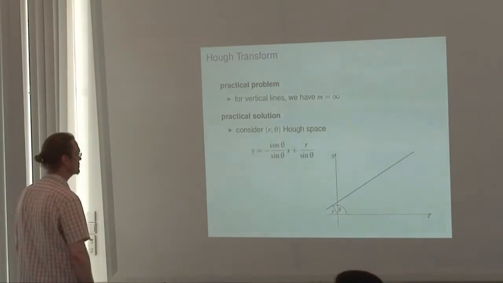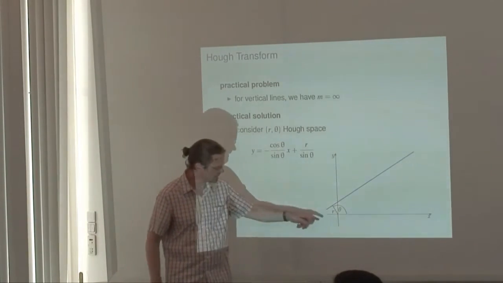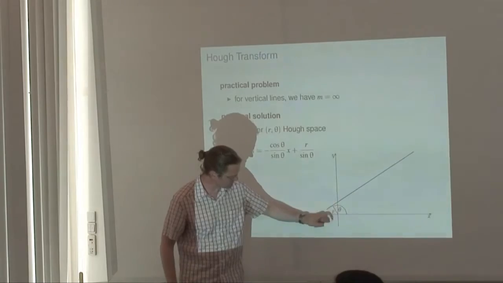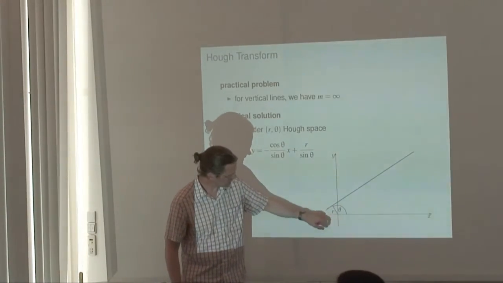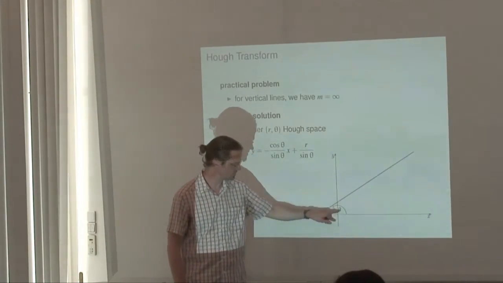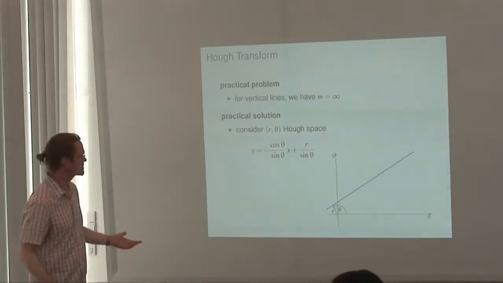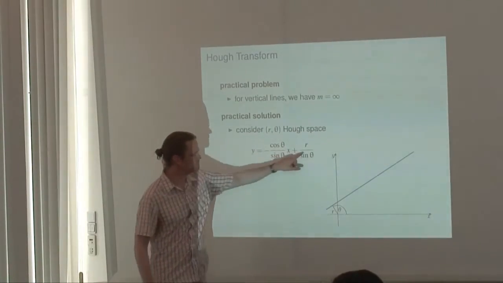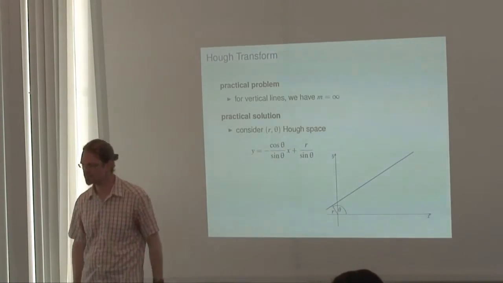Here is the solution. We don't have to use m and b. Right? We can think of the line as having a distance, not an offset, a distance to the origin, and this line here has an angle, and these 2 parameters perfectly define the line. And so instead of using m and b, we rewrite all of this, and this is kindergarten stuff.